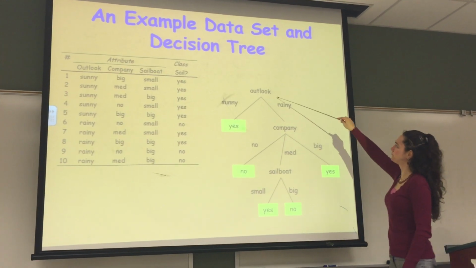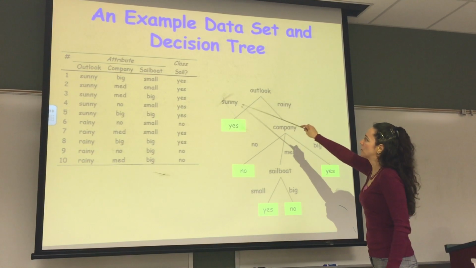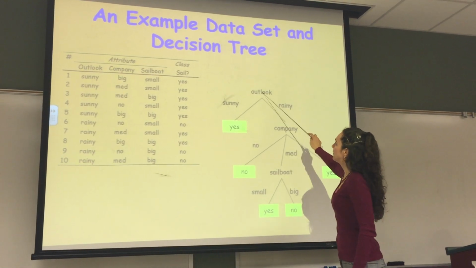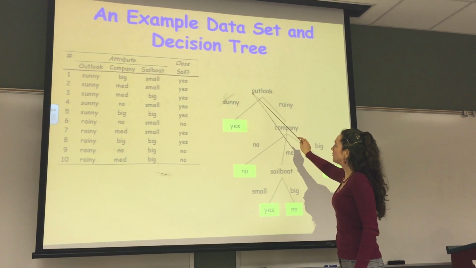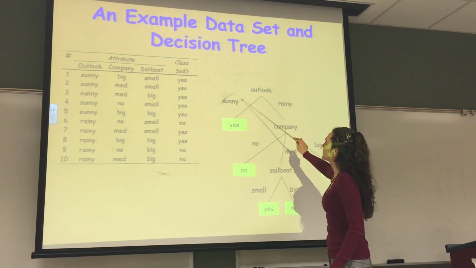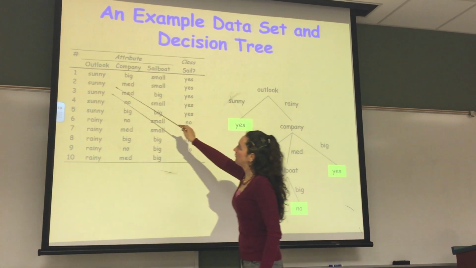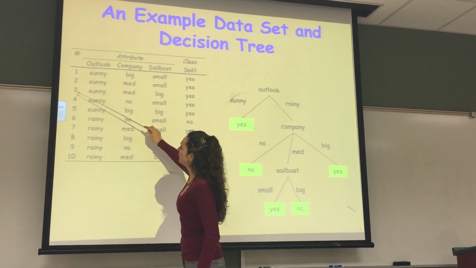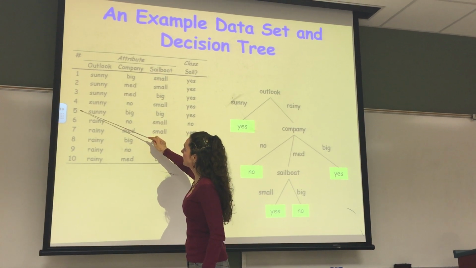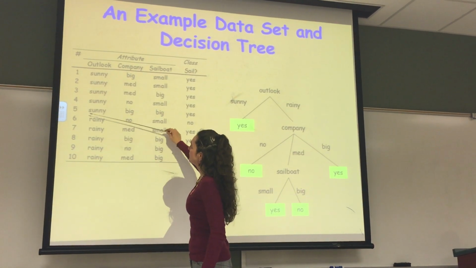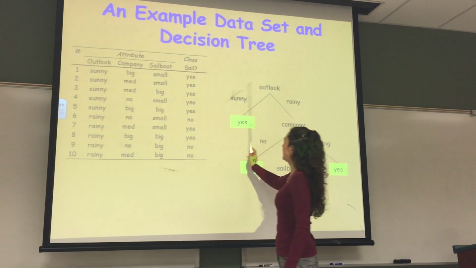So for the attribute outlook, we have sunny and rainy. For sunny, we have objects 1, 2, 3, 4, 5, so these objects will go on the left side.